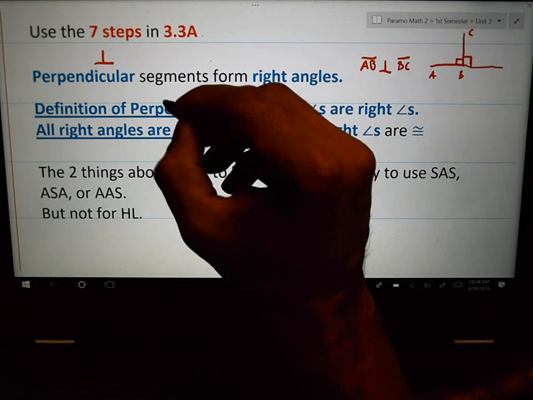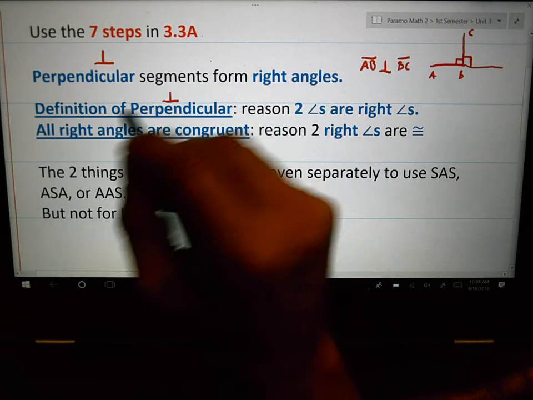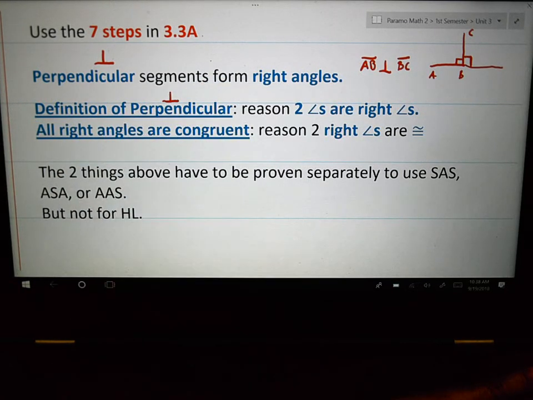Or, if you want to use a symbol, the definition of that upside down T, which means perpendicular. Remember, since you are in a math class and I am a math teacher, you can write the symbols that I write, and that will be good enough for me on any quiz or any test.